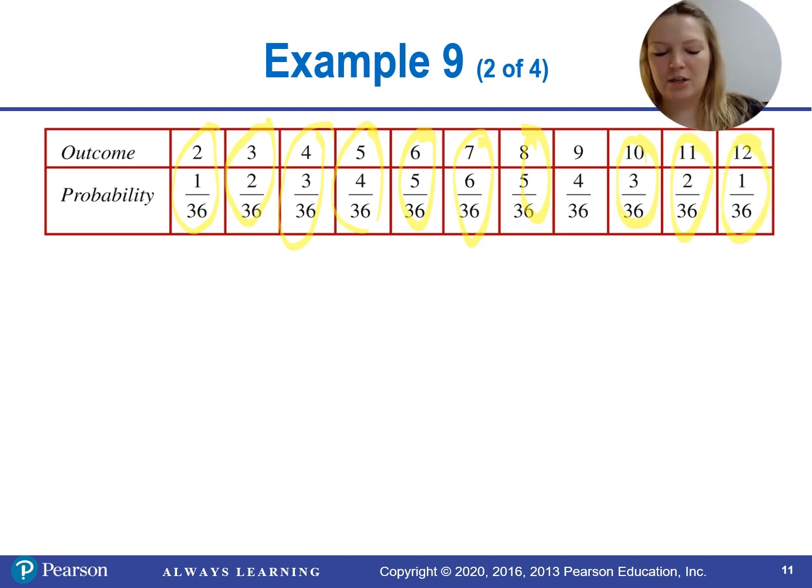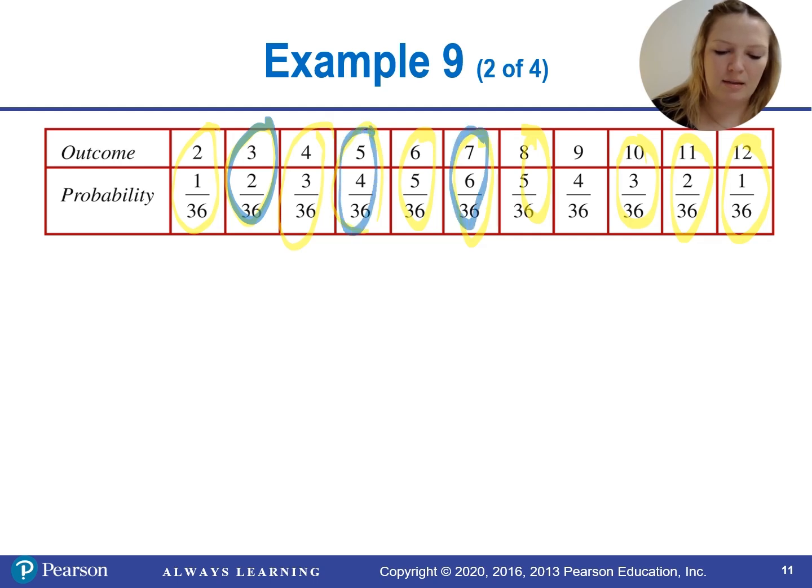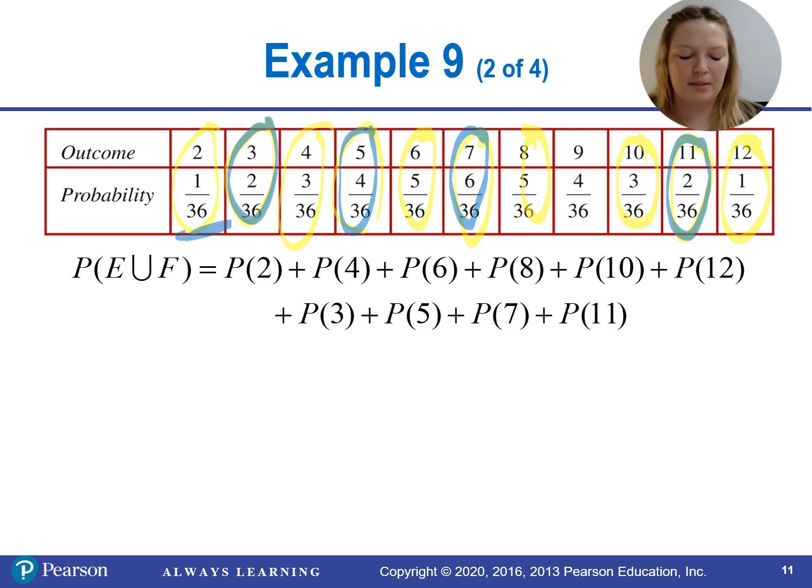So if we have the evens stay in yellow and we say our primes are also in the blue here, and then those and 2, these are the outcomes in the outcome space we're interested in, sum of even or primes. So we can add those all together.